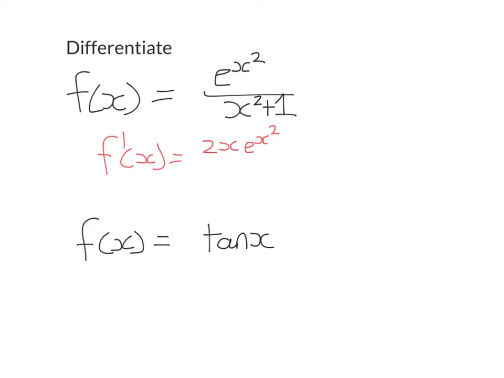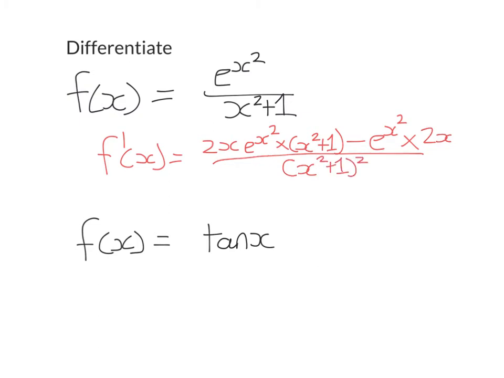Then I'm going to multiply that by the bottom. So this is quite a complicated one. And then I subtract the top multiplied by the derivative of the bottom. The derivative of the bottom here is just 2x. And then what goes on the bottom? The bottom is now squared.